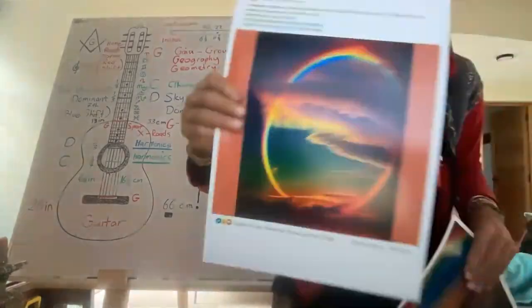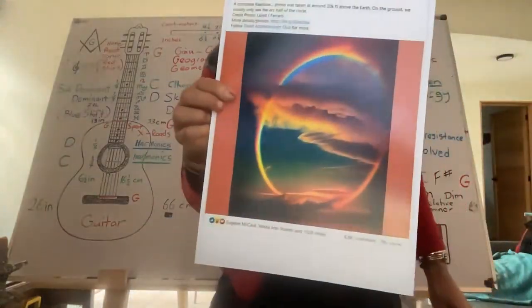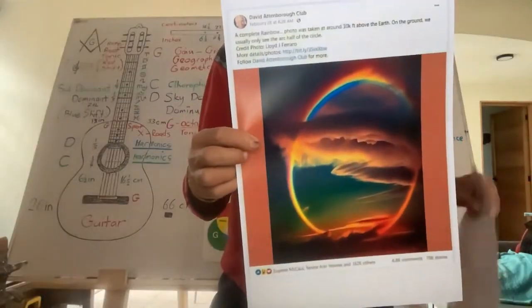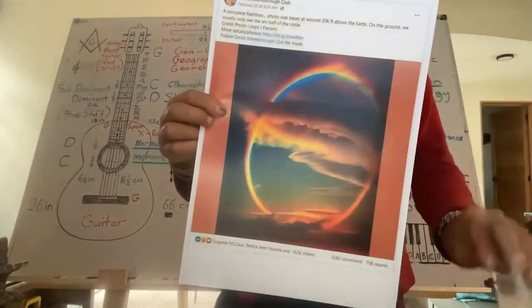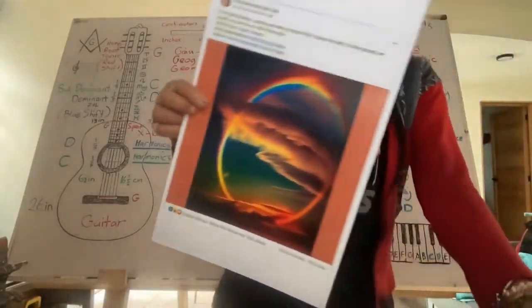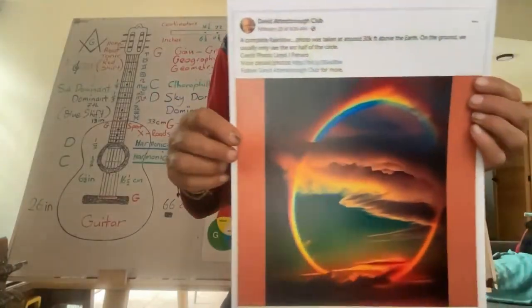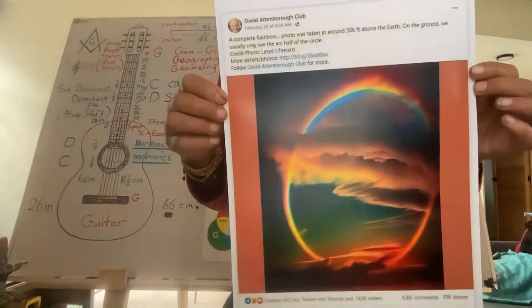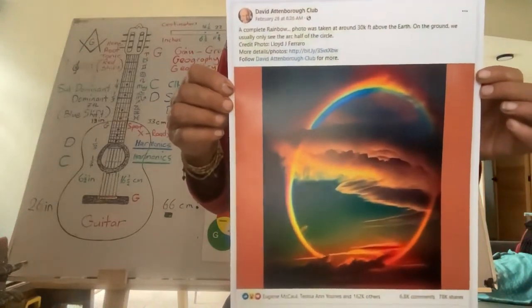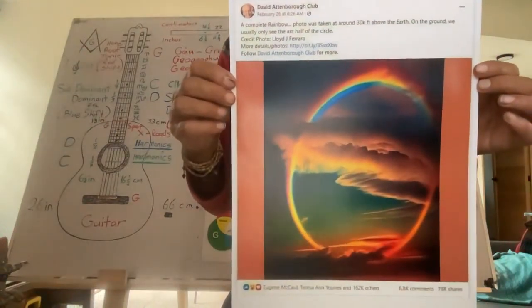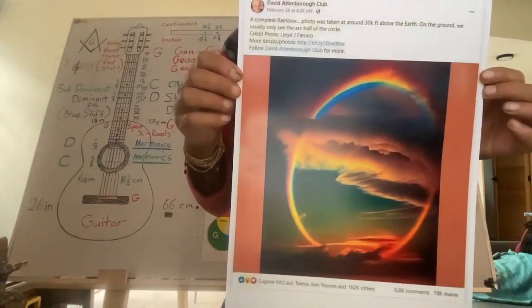Here's a circular rainbow. Okay, now this was taken here. David Attenborough Club, a complete rainbow. There you go.